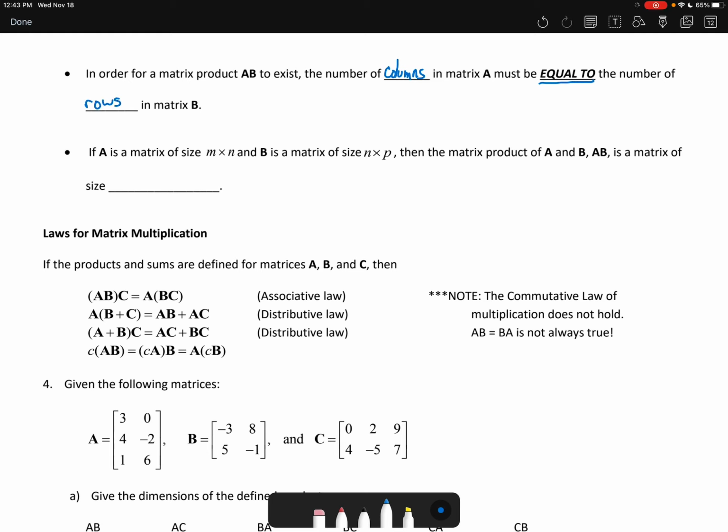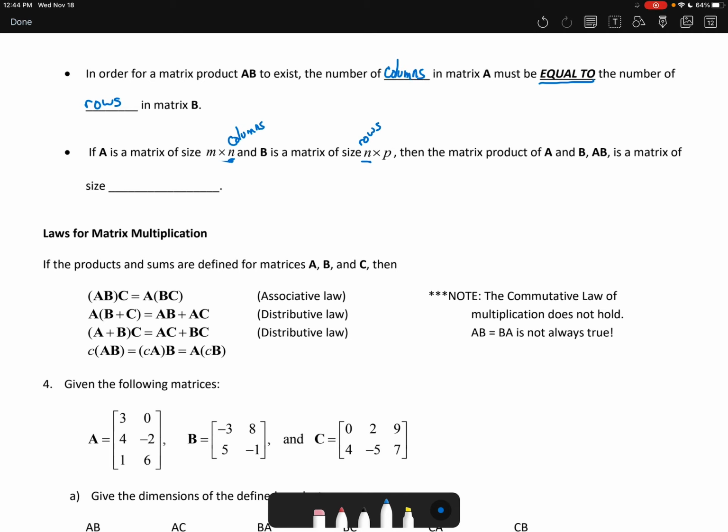If A is a matrix of M by N and B is a matrix N times P, so notice the rows in the first matrix have to be the same as the columns. I'm sorry, I just said that backwards. The columns in the first matrix must be equal to the rows in the second matrix.